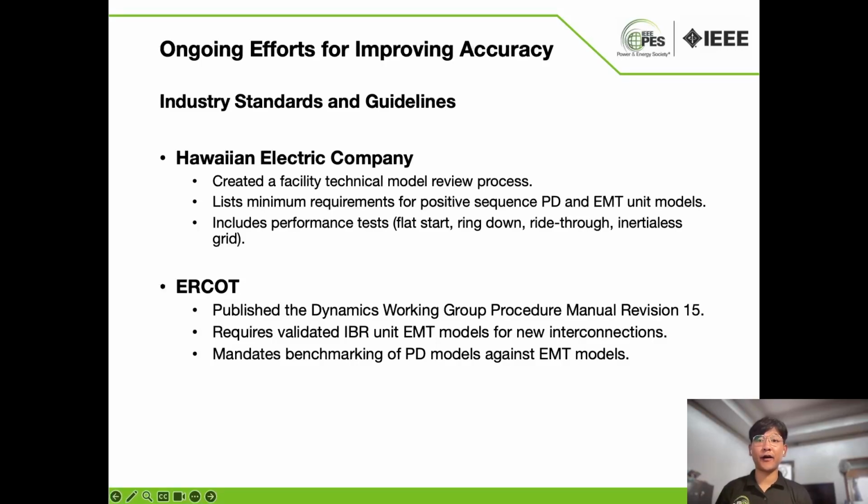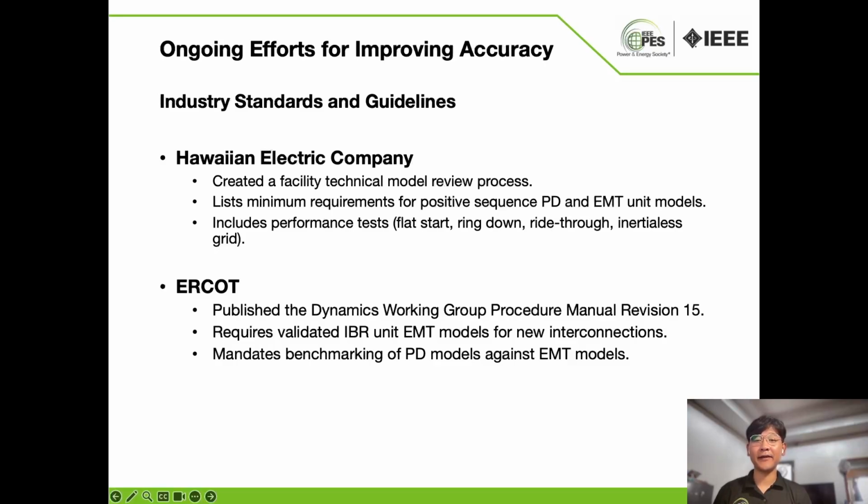The pursuit of accurate IBR models is an ongoing effort, with industry standards and guidelines playing a crucial role. The Hawaiian Electric Company has established a facility technical model review process that outlines minimal requirements for PD and EMT models and includes performance tests under various conditions.